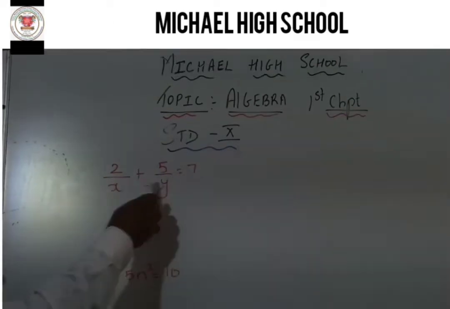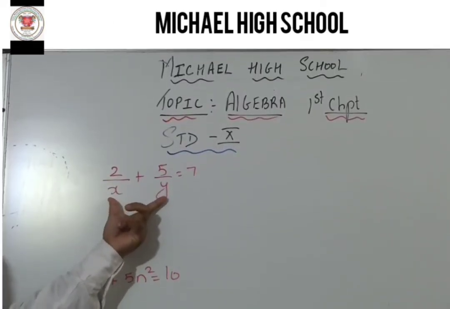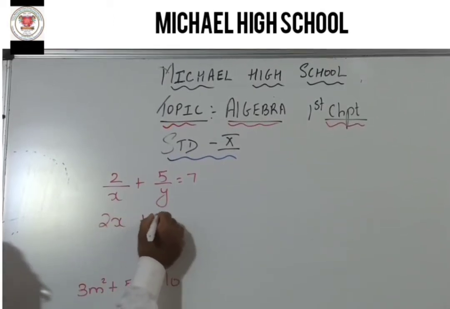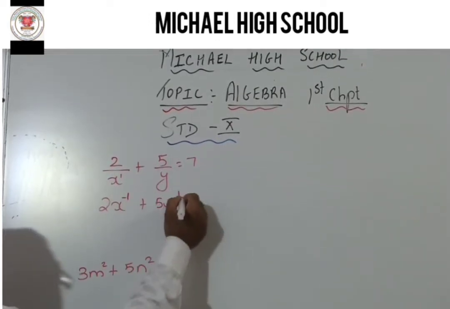Now in this type of equation you will say, sir, here there are two variables. Is it a linear equation in two variables? I would say no. Why? Because when I take it up, here the power is 1. When it goes up, it becomes minus 1. Here also minus 1.